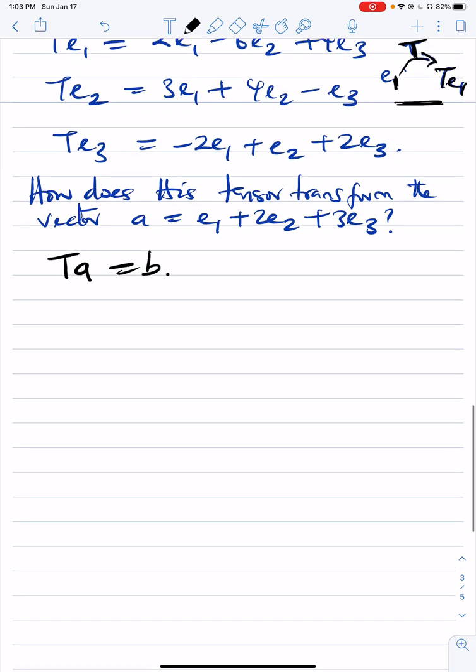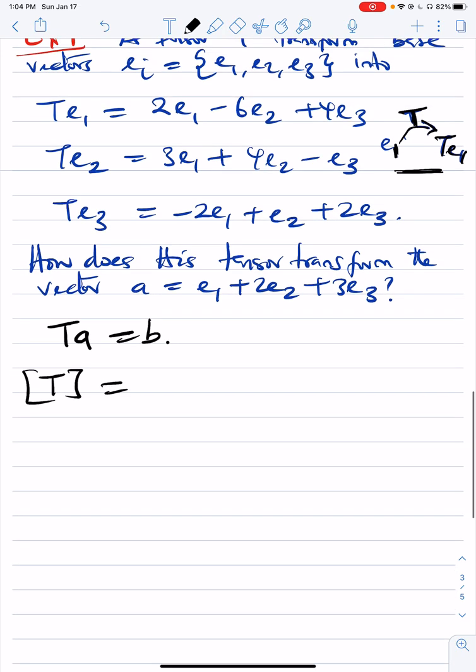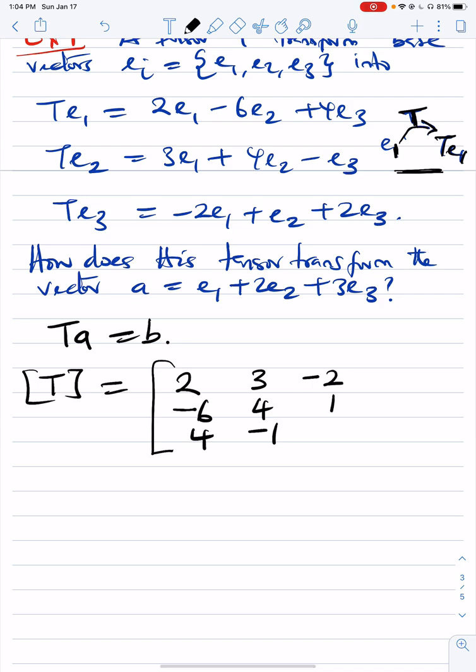So previously, we got our T by simply looking at the transformed base vectors: 2, minus 6, 4, then 3, 4, minus 1, then minus 2, 1, 2.